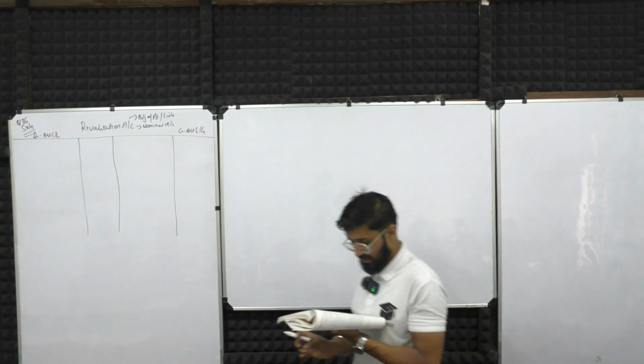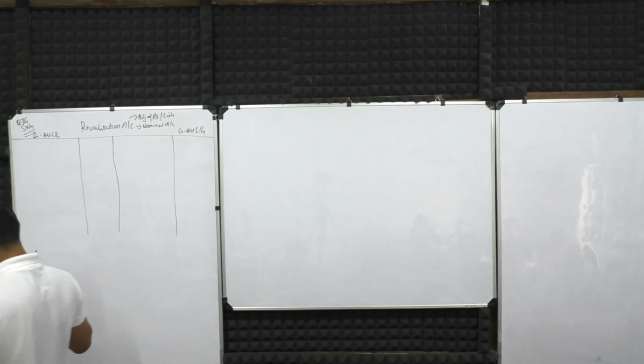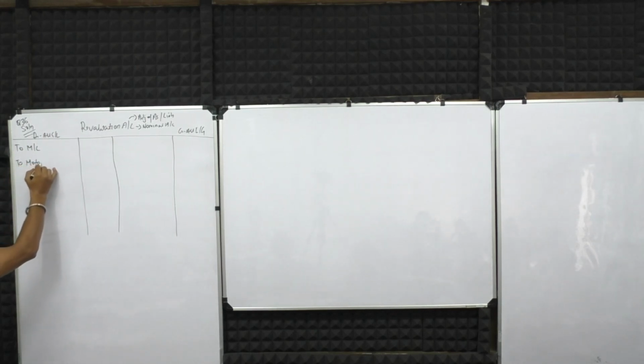Point A, goodwill, we ignore. Point B: machinery is depreciated by 10%, motor van by 15%. So machinery, motor van, 1750 less 600.